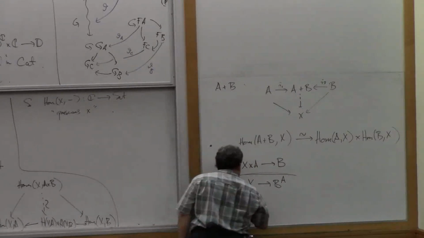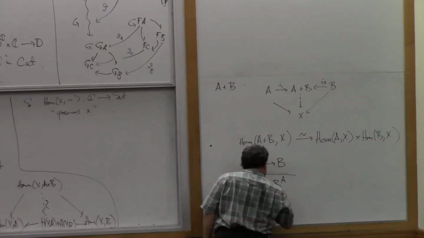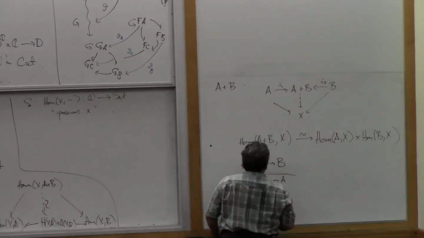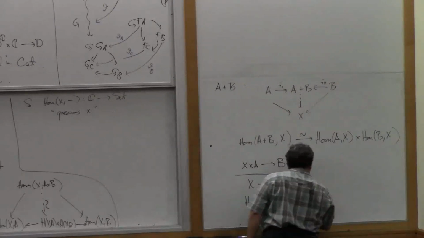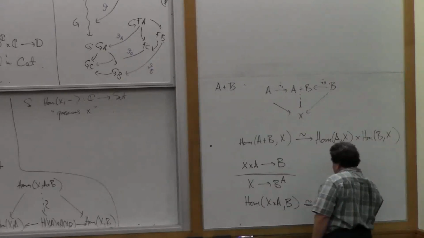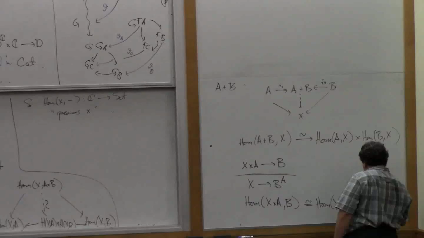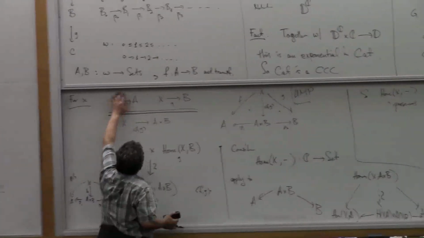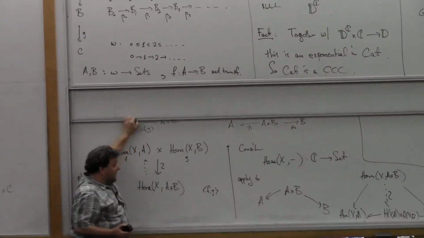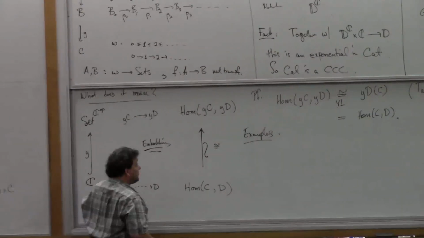That's saying exactly that Hom(X × A, B) is isomorphic to Hom(X, B^A). Okay, so now I've expressed all of those universal mapping properties in terms of isomorphisms of certain Hom sets. And now I can use that together with the Yoneda lemma to do some of these homework exercises.